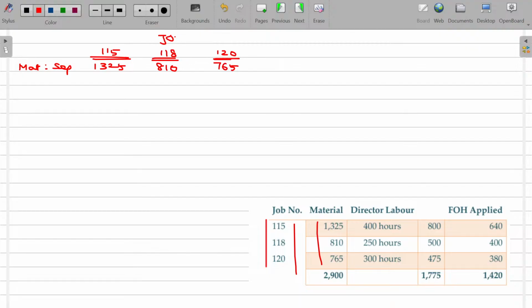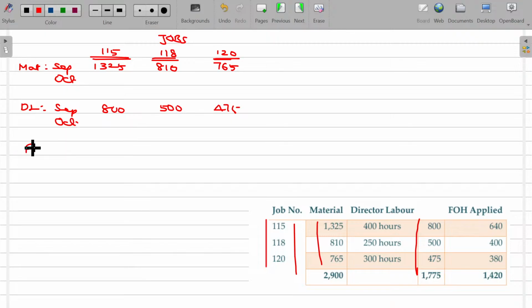These are the jobs. Direct labor cost being material and then direct labor. Spent in September 800, 500, 475. October month also some spending will be there.